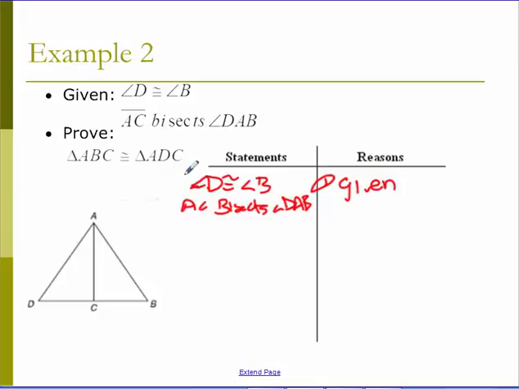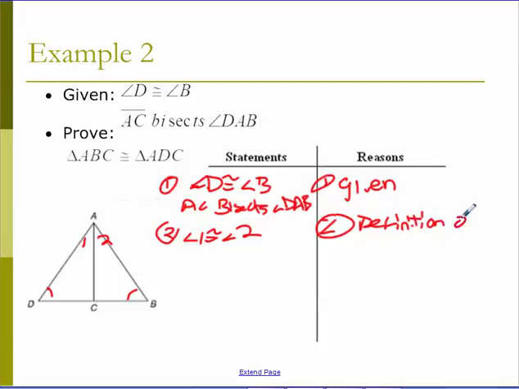So we have to use it just for that one angle. So angle D is congruent to angle B. AC bisects DAB, which is that top angle. So let's go ahead and number those because I know it's going to split in half. And since it splits in half, angle 1 is congruent to angle 2. And the reason is definition of angle bisector.